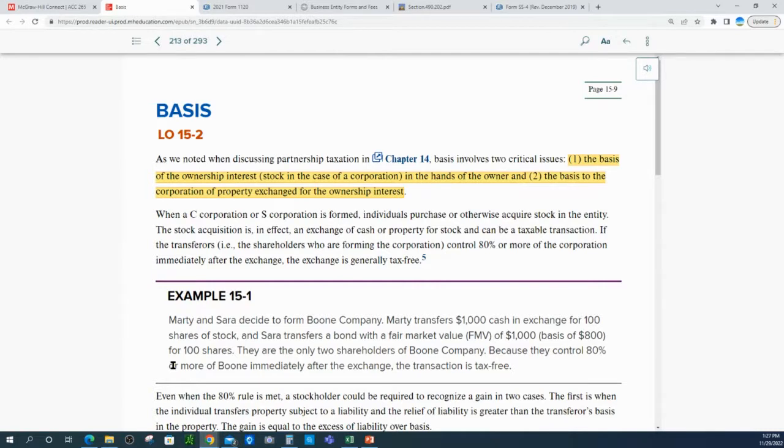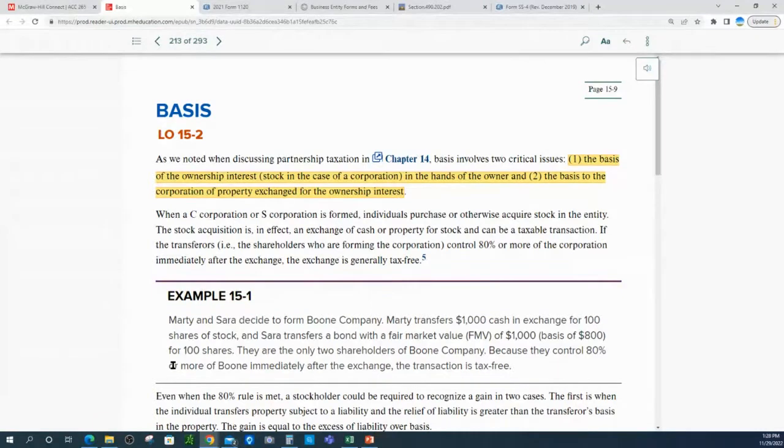There were some different rules if I had a liability against that building, right? But I didn't recognize any gain or loss at that point. The only time I recognized gain or loss, remember, is if I contributed services in exchange for my partnership interest, right?